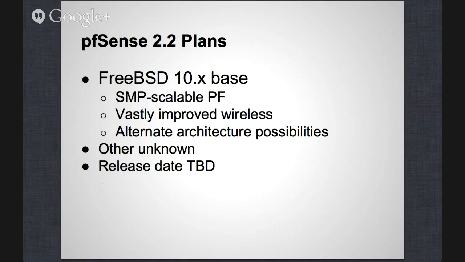Release date, we really don't know. That's still to be determined, but we're not looking to make a lot of changes in this release. We want to get on FreeBSD 10 and probably get some various bug fixes and other things as we encounter issues, probably with V6 related things more than anything, and not add a whole lot beyond that because we want to keep the release cycles shorter than what they've historically been.